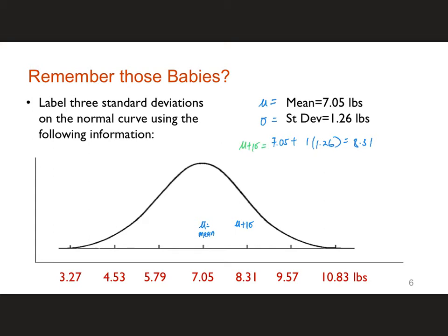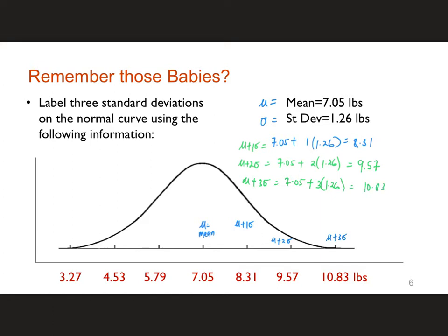The next one is mu plus 2 sigma, which is 7.05 plus 2 times 1.26, and that gives us 9.57. Then the last one is 3 standard deviations above the mean, which is mu plus 3 sigma, which is 7.05 plus 3 times 1.26, and that gives us 10.83.